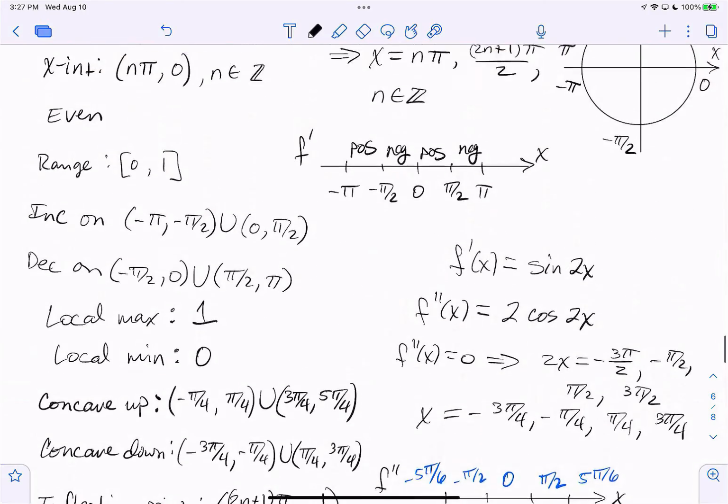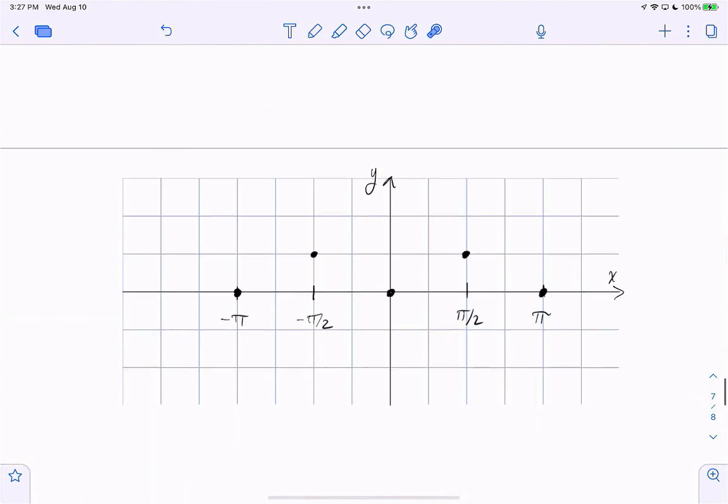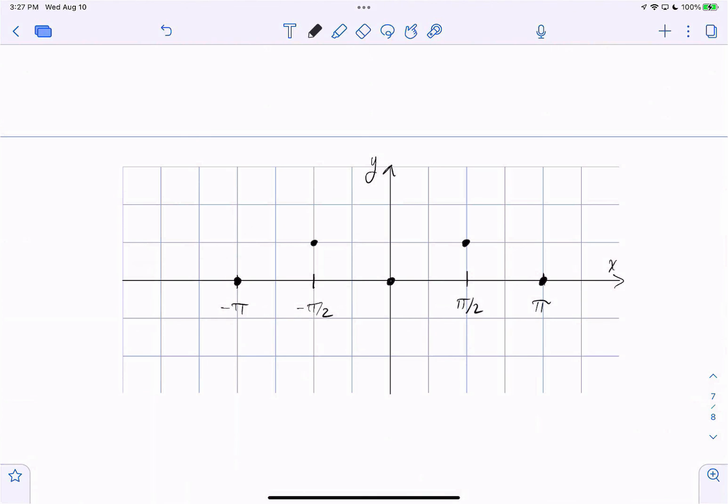We can also look back up here and see that from negative pi to negative pi over 2, we're increasing and then decreasing to 0, and so on. I need to be increasing, decreasing, increasing, decreasing, and then I need to be concave up, concave down, concave up, concave down. So I'm going to start here at negative pi over 2, go concave down, and then switch to concave up there.